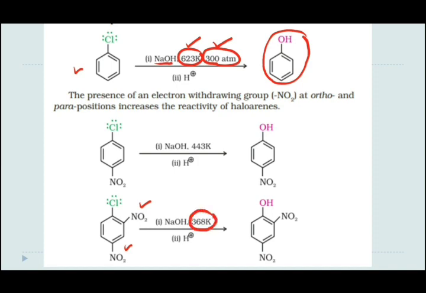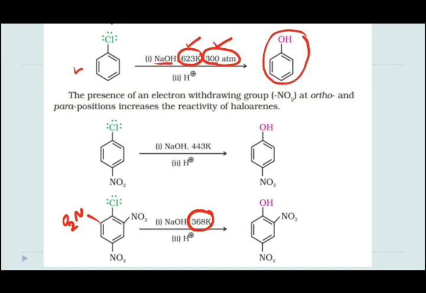Okay, now see that if we attach two nitro groups, then the requirement of temperature is further decreased. Now it is required only 368 Kelvin, and we are getting the same product, which is the substituted product. OH negative is substituting the Cl negative. And what in case we attach 3 NO2 groups at all the ortho and para positions? In that case we will not require high temperature, we will need only simple warming conditions.